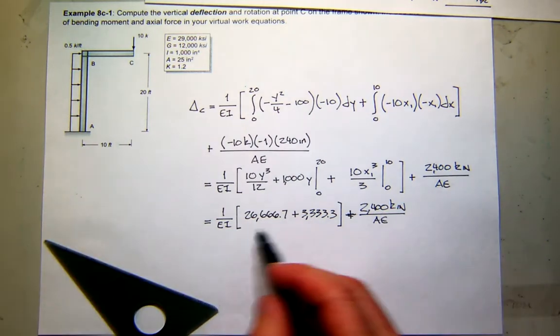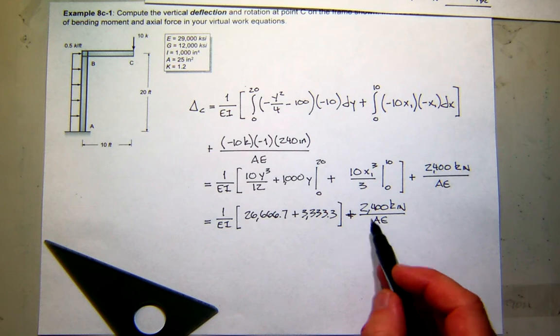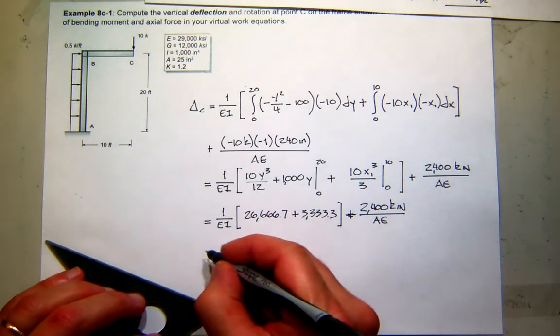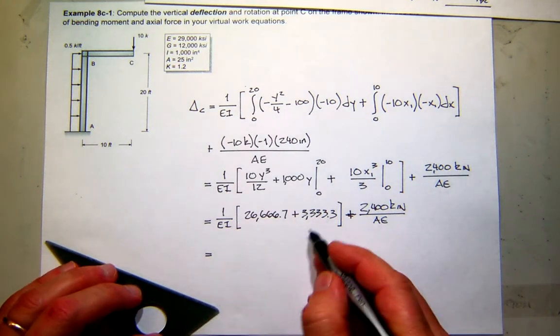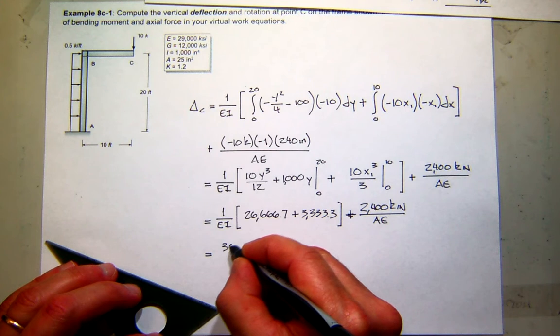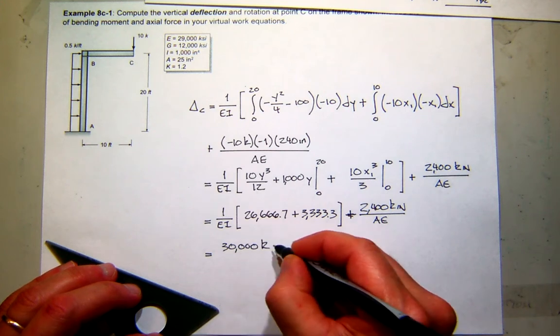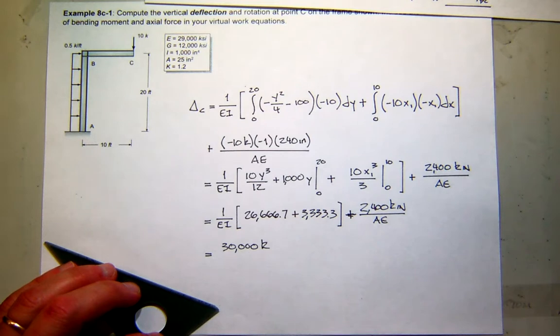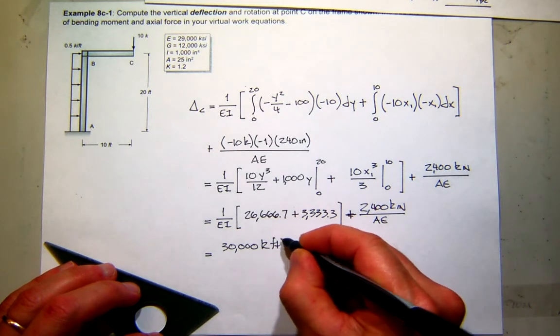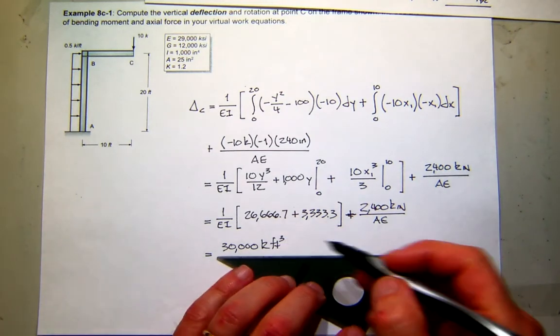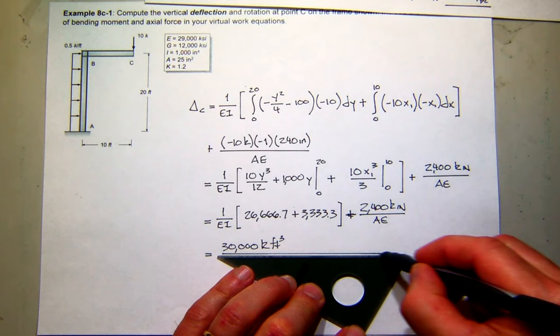All right, so we're going to have to handle these separately because you can see they're divided by different things. So I'll do the first part first. You said this was 30,000? Yep. So that's going to be 30,000 kips per foot cubed. So let's start doing some dividing.